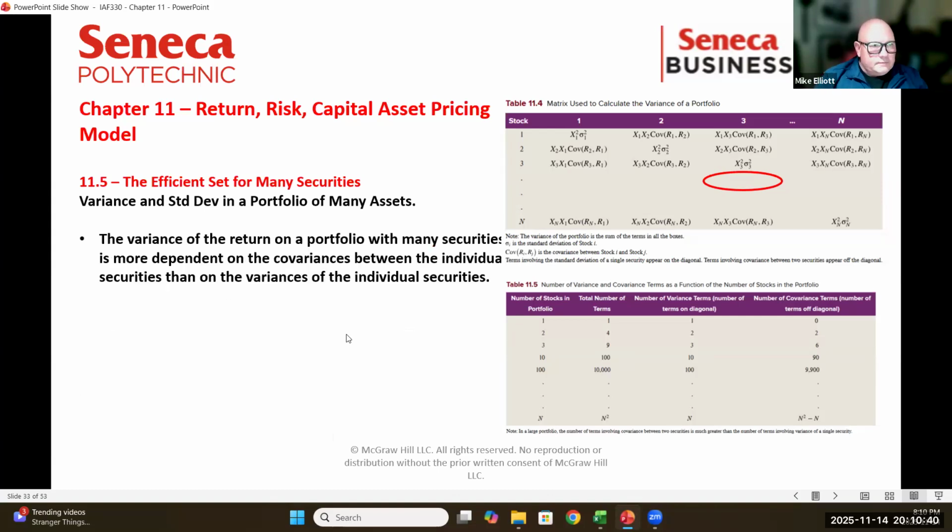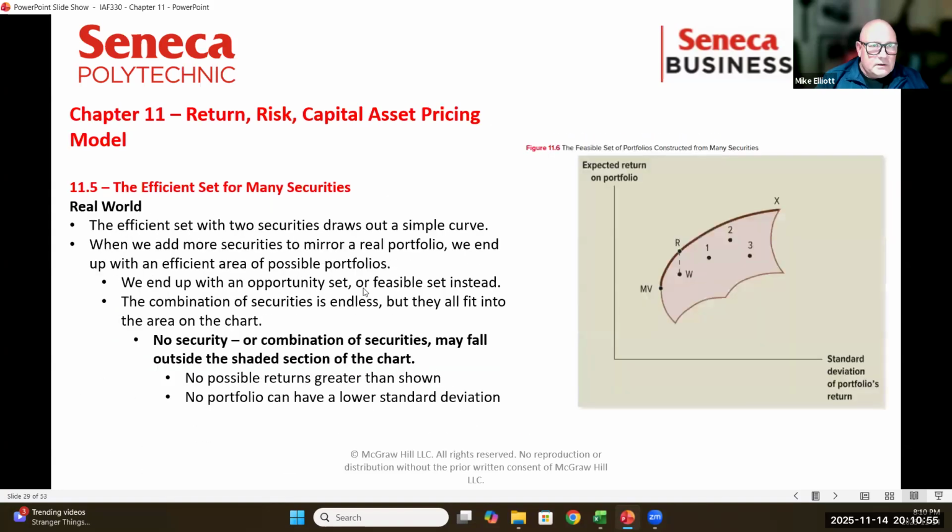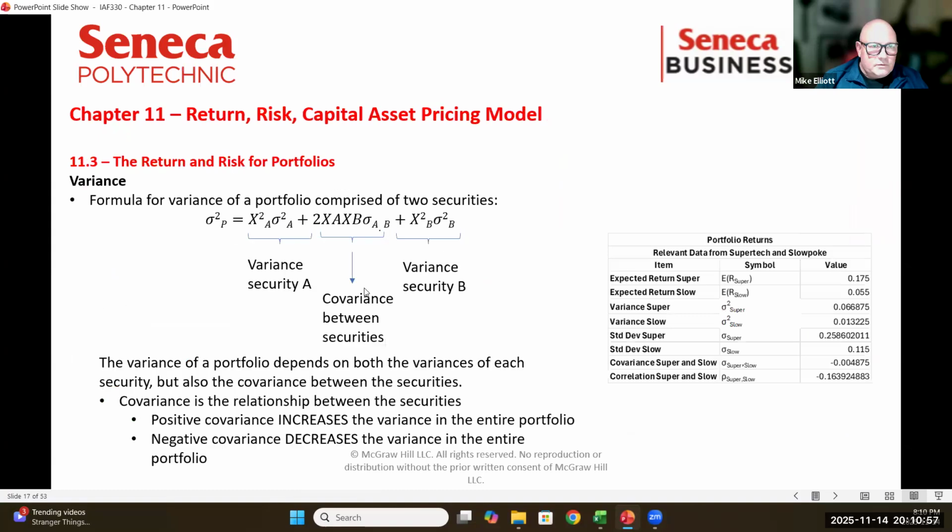The variance and return of a portfolio of many securities is more dependent on the covariance between the securities than the variance of the individual securities. And that's what it tells us here. The covariance between the securities and the variance of the individual securities.